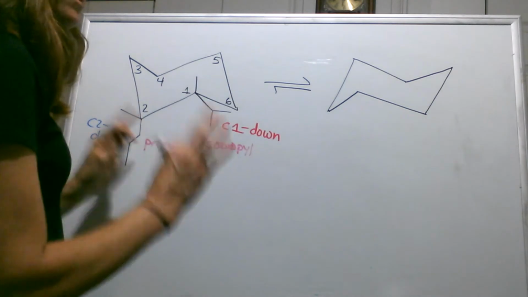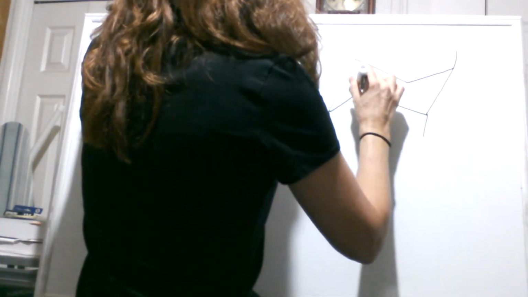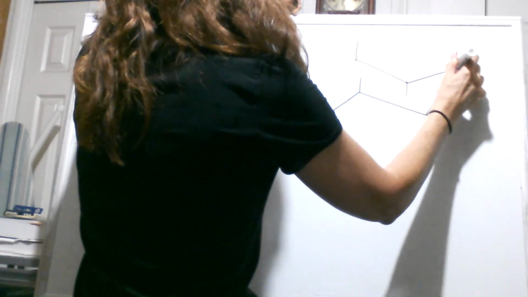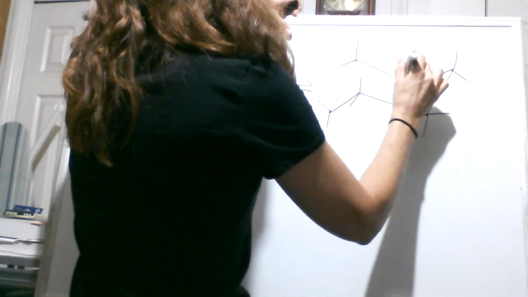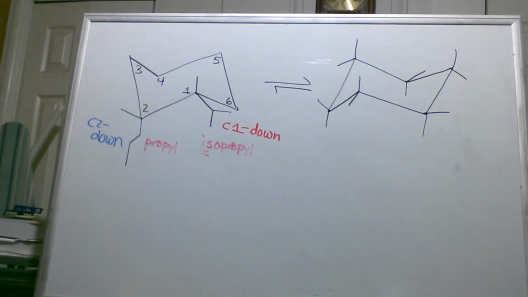The next thing we need to do is put in all the axial and equatorial bonds. So by now this is old news. You just know how to do this. Hopefully this is becoming automatic and easy. That's the goal. Okay, so there are all of the axial and equatorial bonds.